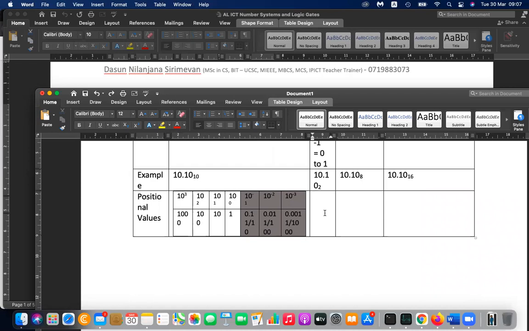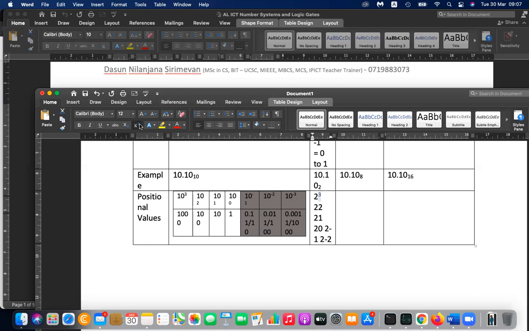Okay, I'll write without the table. The positional value changes like 2 to the power 3, 2 to the power 2, 2 to the power 1, and 2 to the power 0, 2 to the power minus 1, 2 to the power minus 2. Likewise, it's changing. This is the power part: minus 1, minus 2, and this is how it's changing.